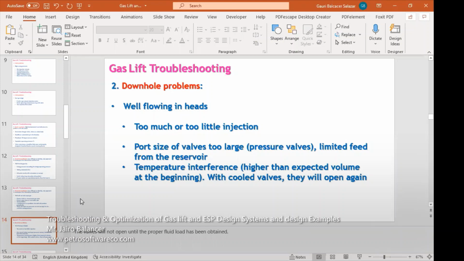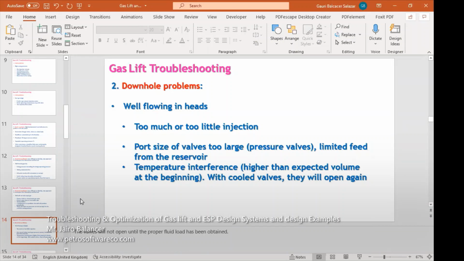In this case, the fluid is changing the operating temperature, so this creates a cooling effect on the valves. And also, the high flow is heating or increasing the temperature. So the idea is to stop and leave it; the valves will open again when they cool off.